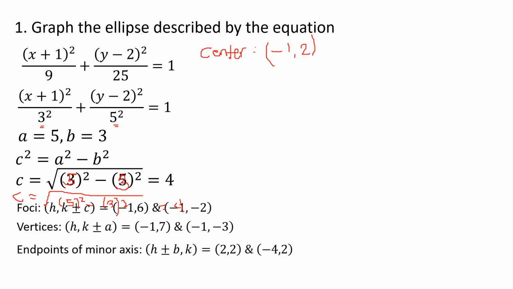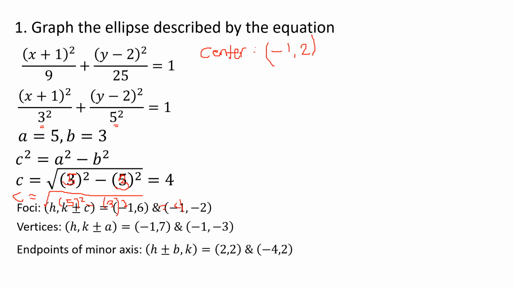And for the endpoints of the minor axis, that is h plus minus b, then you copy k. So our h is -1, -1 plus b, which is 3, that is 2.